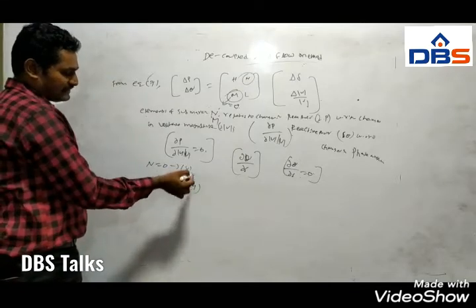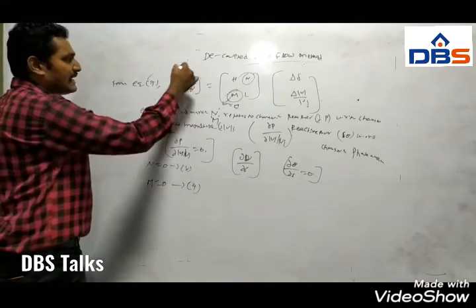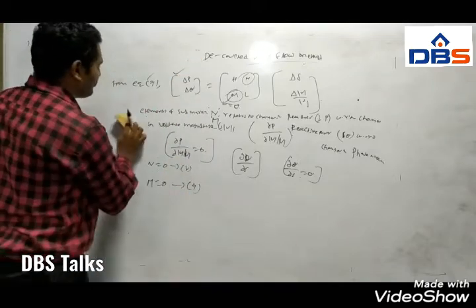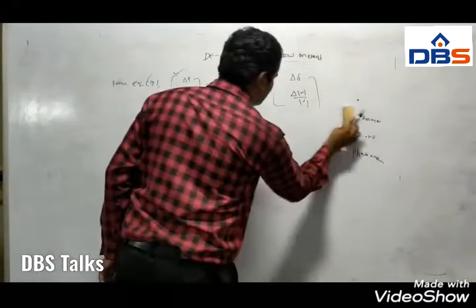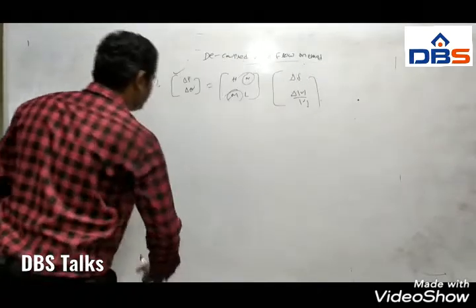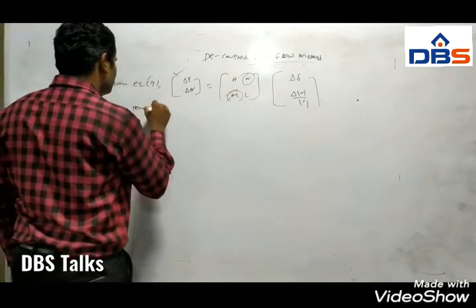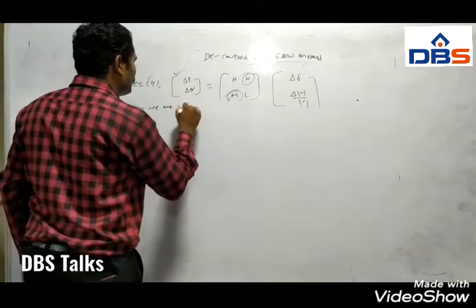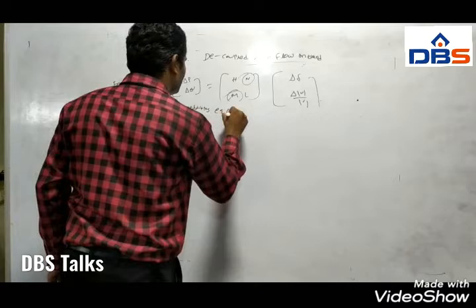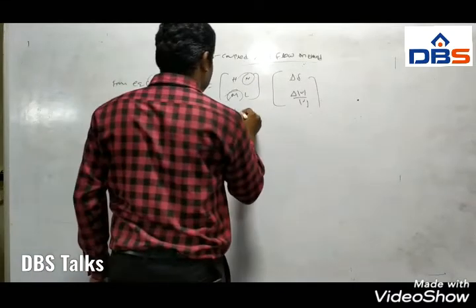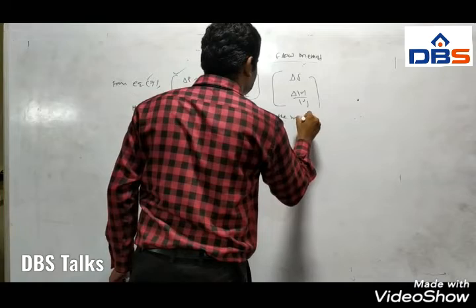So in these two equations we are substituting N equal to 0 and M equal to 0 in the matrix. We are substituting equation 8 and equation 9 in the matrix.